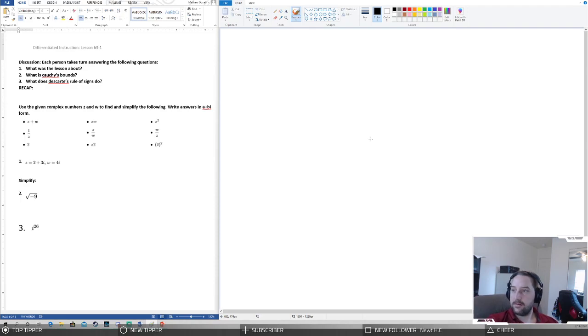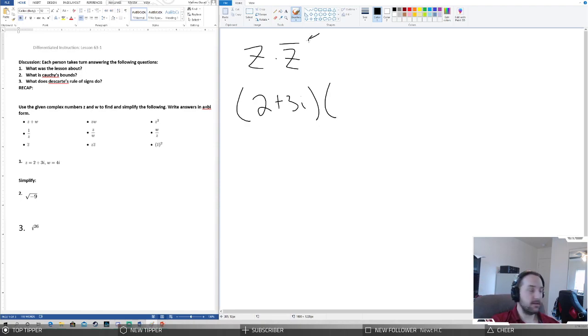So let's look at the z times z bar. So I know that my z is 2 plus 3i, and then my z bar is going to be the conjugate. That's what that bar over z means. It means it's the conjugate. So this is going to be 2 minus 3i.